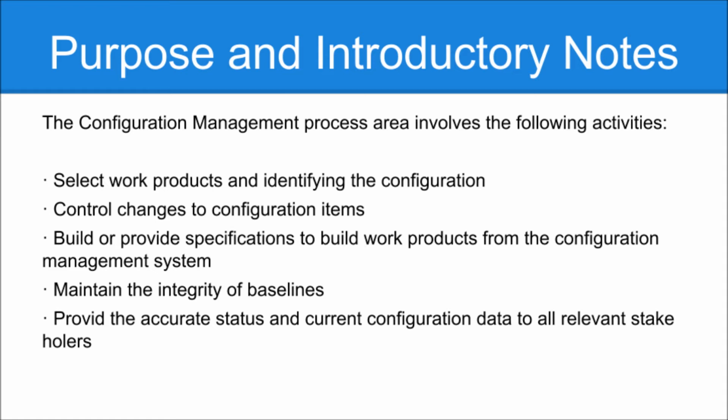In the second goal, that is track and control changes, we track the change request and we control the configuration item. In the third goal of establishing the integrity, we establish configuration management records and we perform configuration audits.